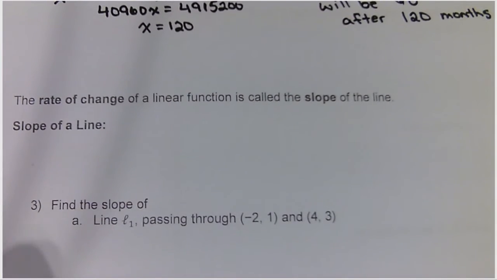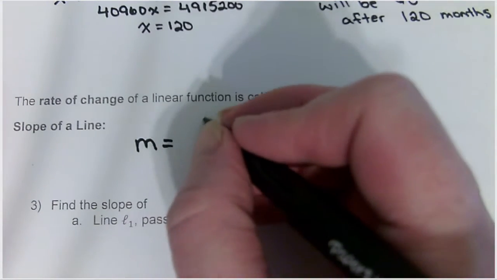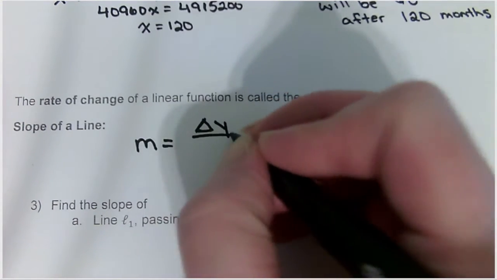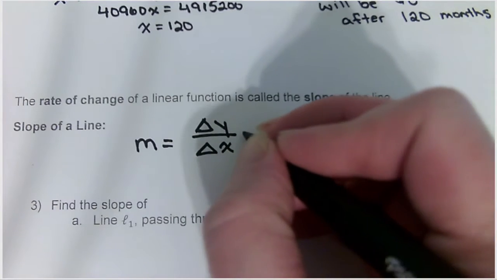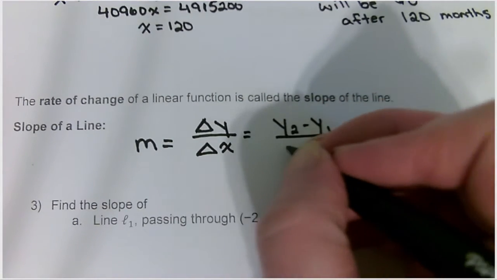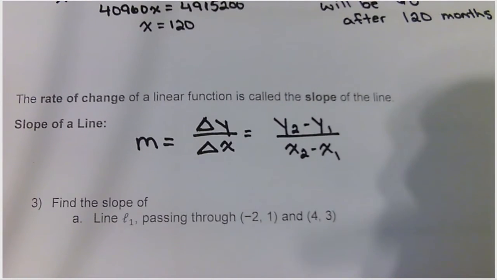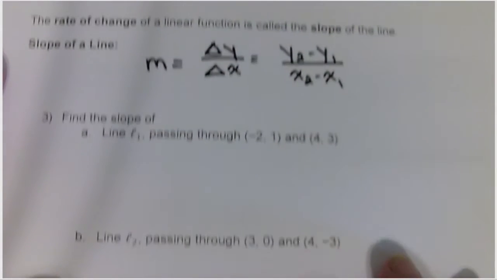And let's remind ourselves that we find slope by finding the change in y over the change in x. In other words, y2 minus y1 over x2 minus x1. Change in y over change in x. So we'll just kind of review that real quick.